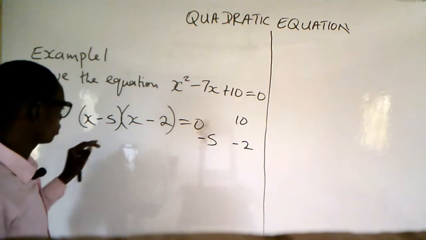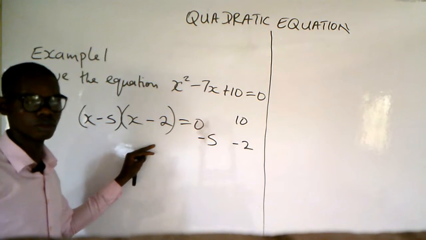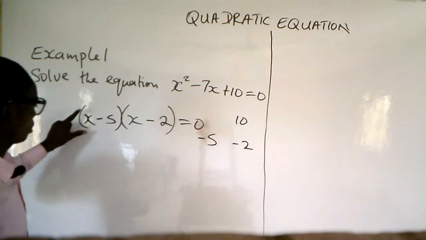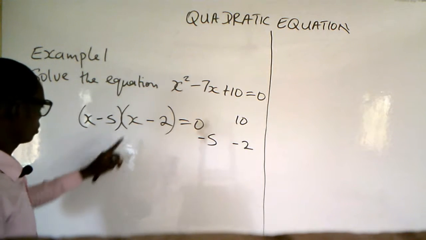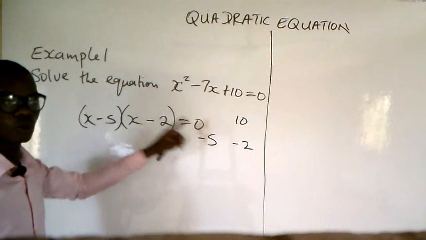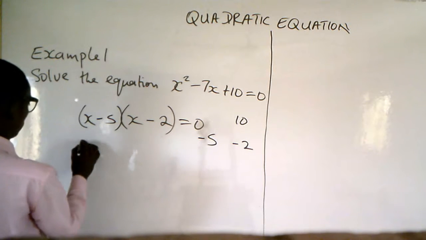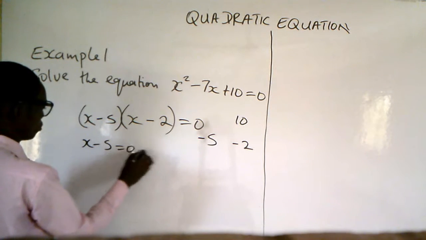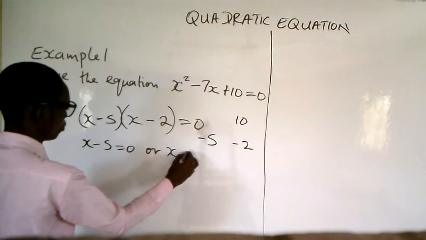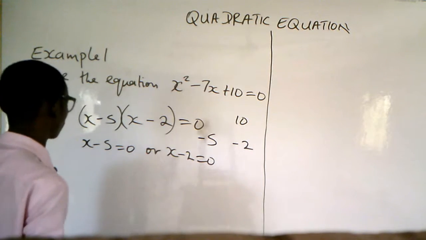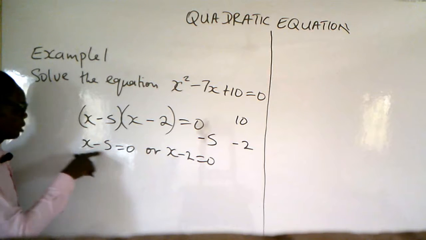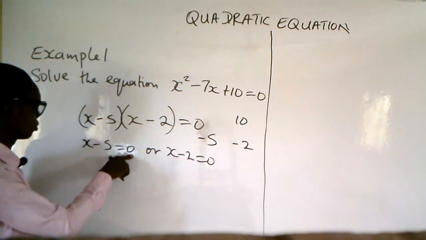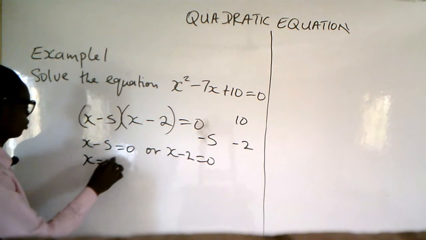Now, the interpretation of this expression is that x minus 5 is equal to 0 or x minus 2 is equal to 0. If x minus 5 is equal to 0, therefore x will be equal to 5.